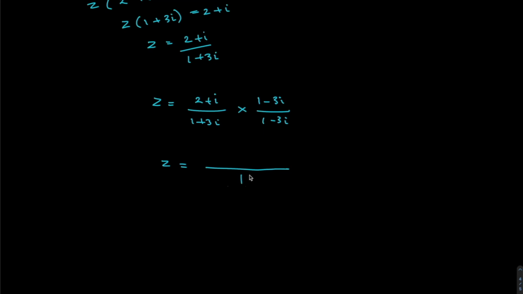So it will be 10. And then we'll have 2, then we have minus 6i plus i, and then we have minus 3i squared, which is actually just 3. So if we simplify this, we have 5 minus 5i by 10, and z is equal to 1 minus i by 2. That's it.